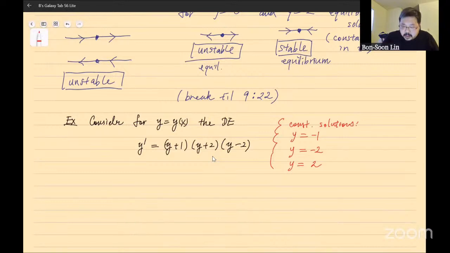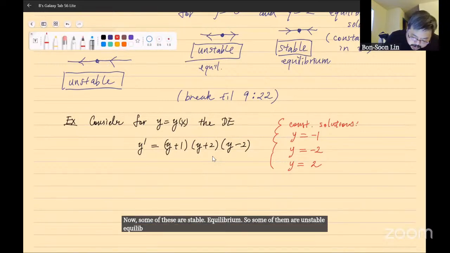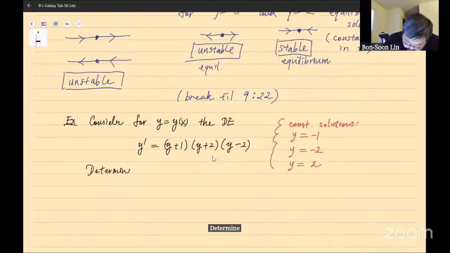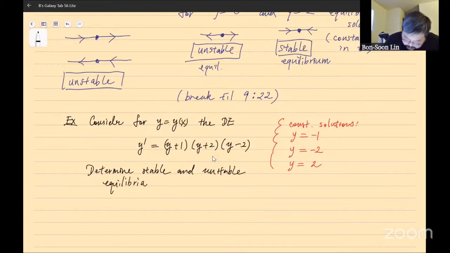Now, some of these are stable equilibriums, and some of them are unstable equilibriums. So let's figure them out. Determine stable and unstable equilibria.